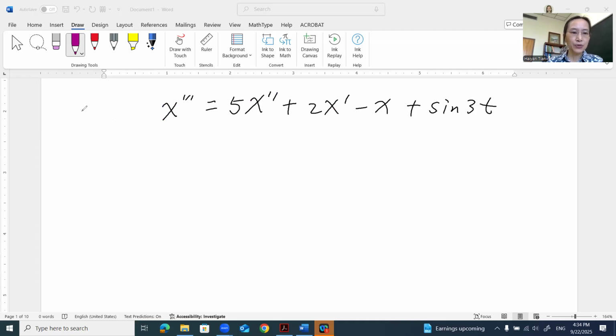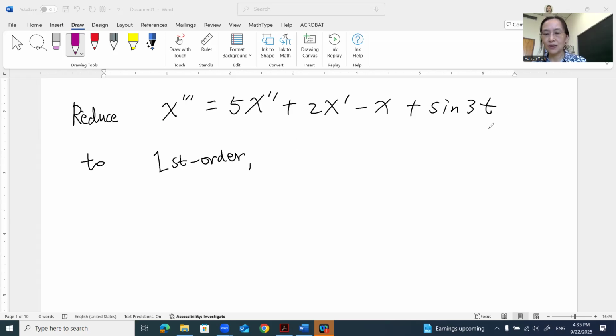So how can we reduce it to first order? Our goal for this problem is to reduce the equation of third order to a system of equations of first order.